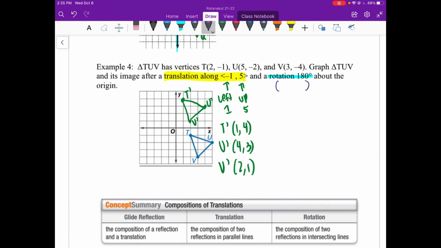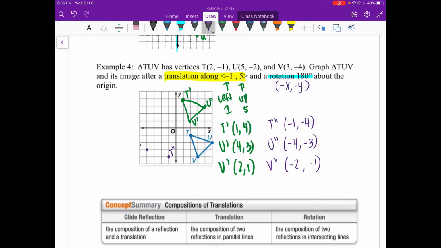Now to do a rotation 180 degrees, you have to remember the rotation rules. The rotation rule says you want to do opposite of x and opposite of y. So I'm going to write down my new points. T double prime is going to be at -1, -4. U double prime will be at -4, -3. And V double prime will be at -2, -1.